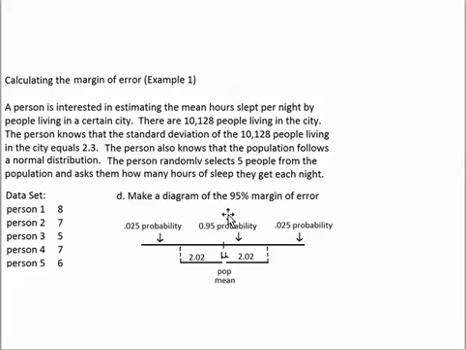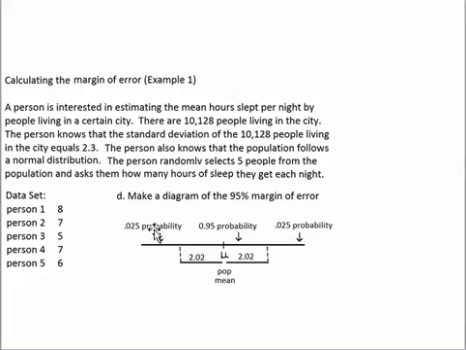This is what the 95% actually means. It means that when we took our random sample from the population, we had a 95% chance, or a 0.95 probability, of getting a sample mean between these boundary points of 2.02 below and 2.02 above the population mean.